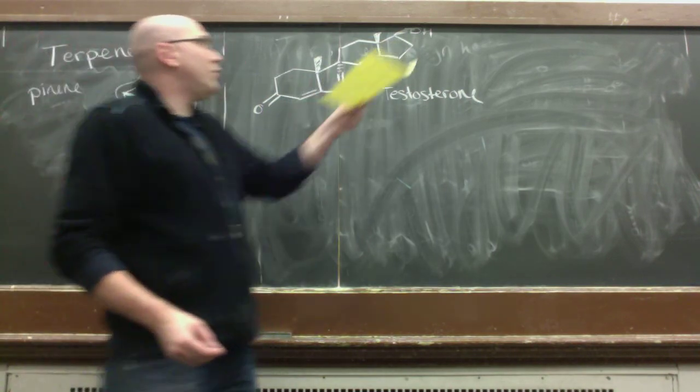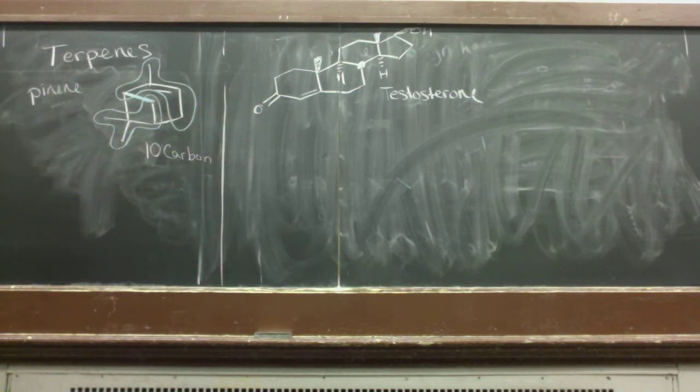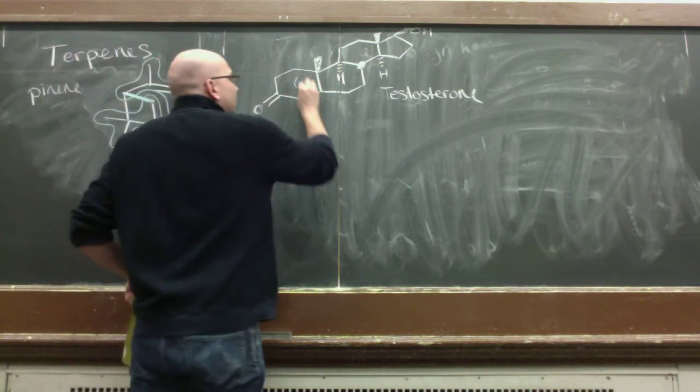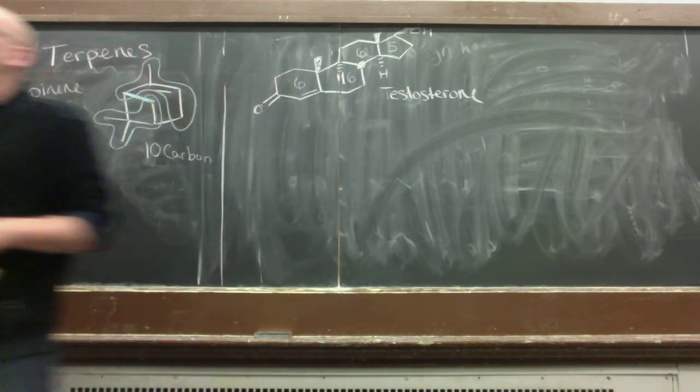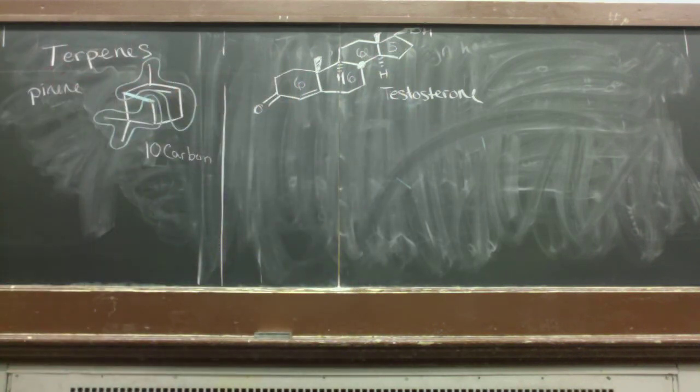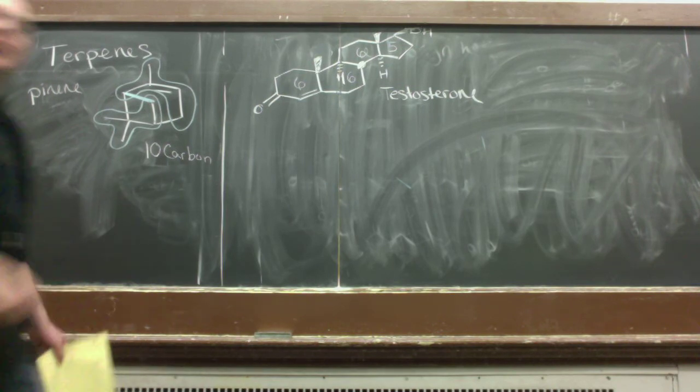And again, what you notice within it is the core of any steroid. One of the ways that you will often identify a steroid right away is in particular this 6-6-6-5 ring structure. So this is a hallmark of steroids, right? There's a big class of steroids. Estrogen's another one.